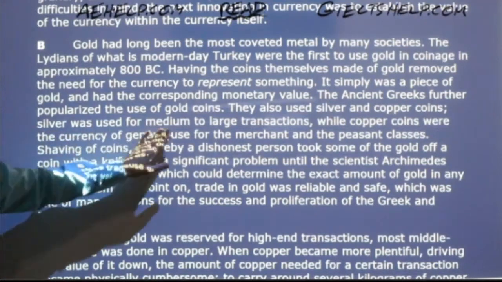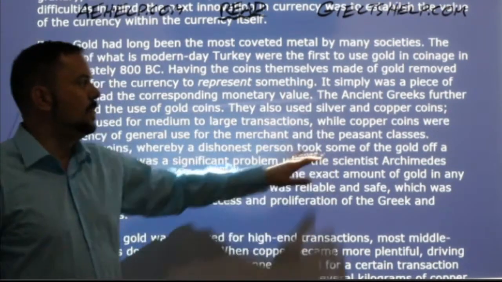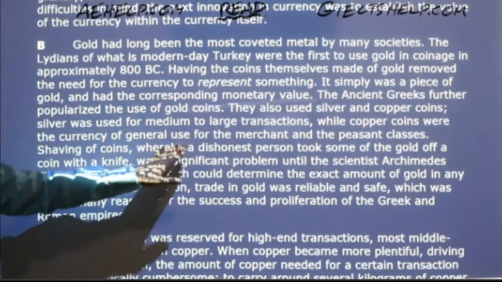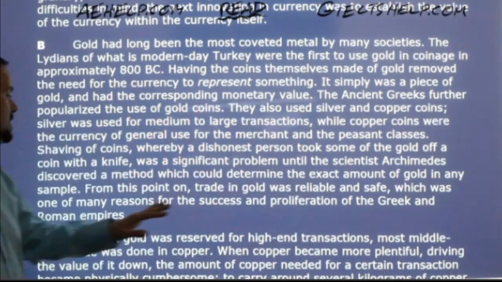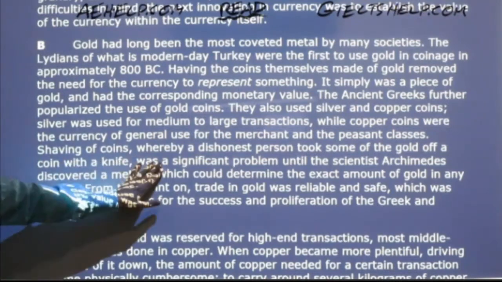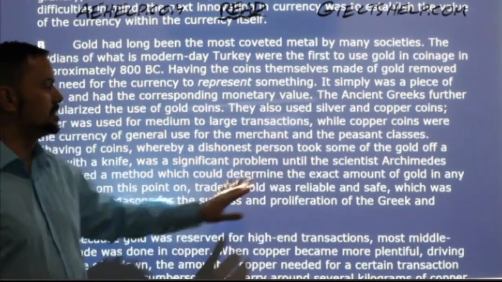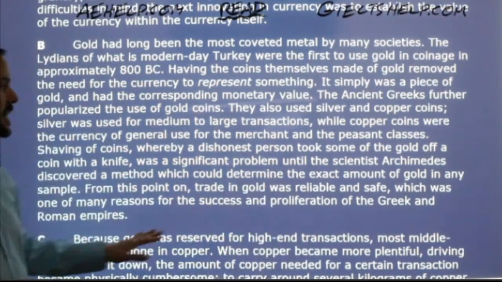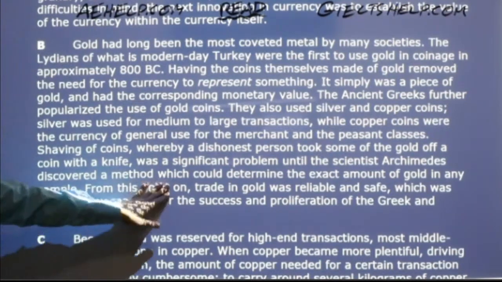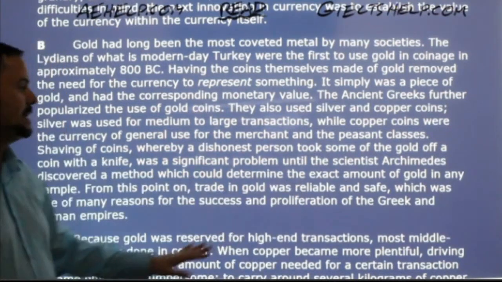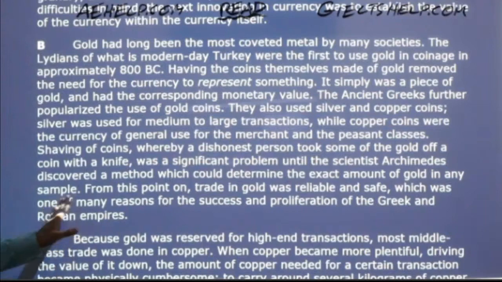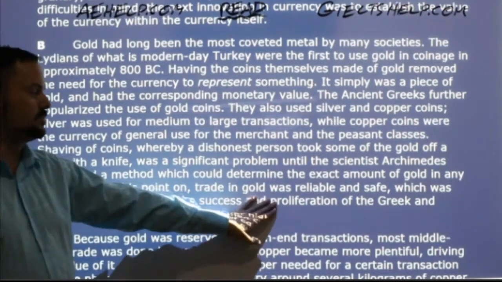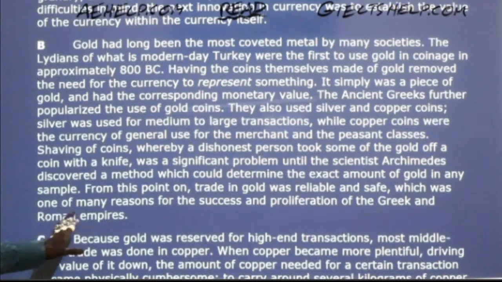Silver was used for medium to large transactions, while copper coins were the currency of general use for the merchant and the peasant classes. Shaving of coins, whereby a dishonest person took some of the gold off a coin with a knife, was a significant problem until the scientist Archimedes discovered a method which could determine the exact amount of gold in any sample. From this point on, trade in gold was reliable and safe, which was one of many reasons for the successes and proliferation of the Greek and Roman empires.